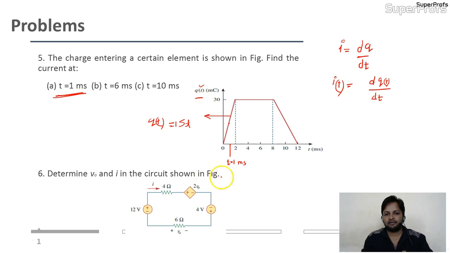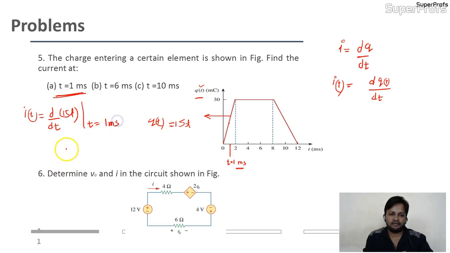So the current will be d by dt of 15t, where you calculate at t equal to 1 millisecond.